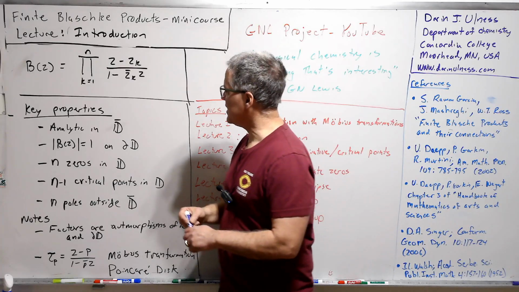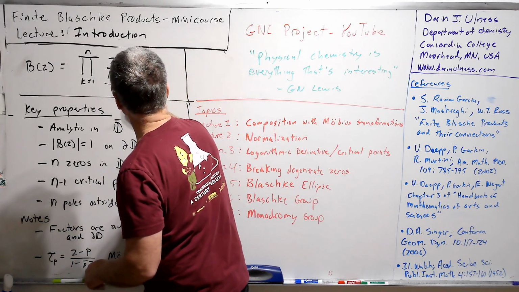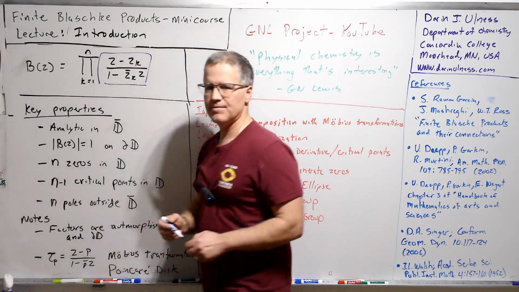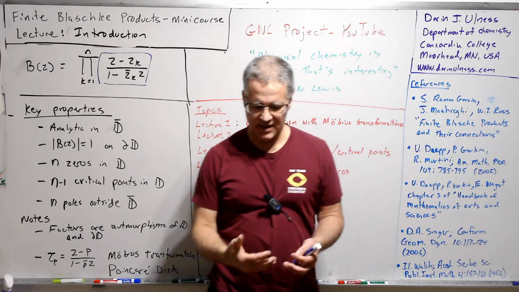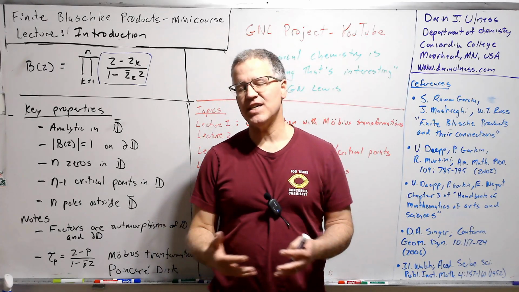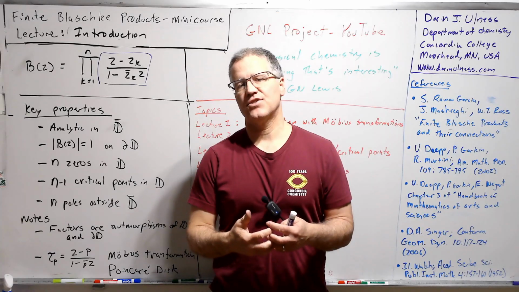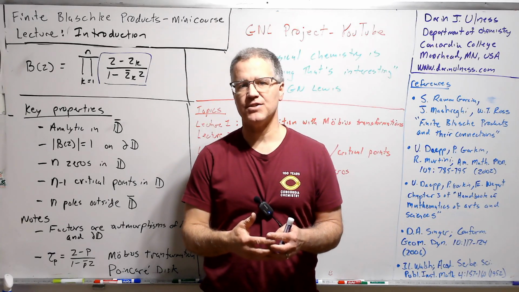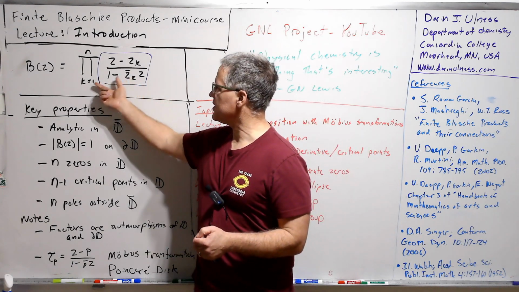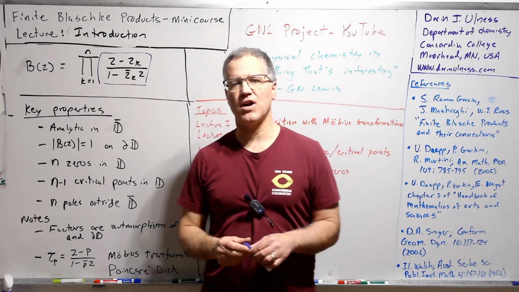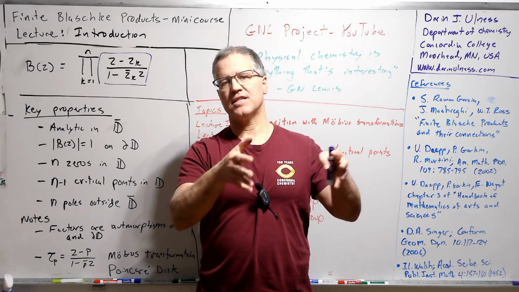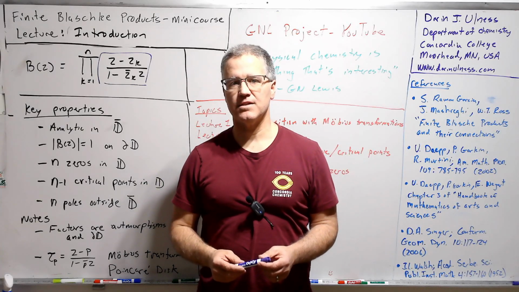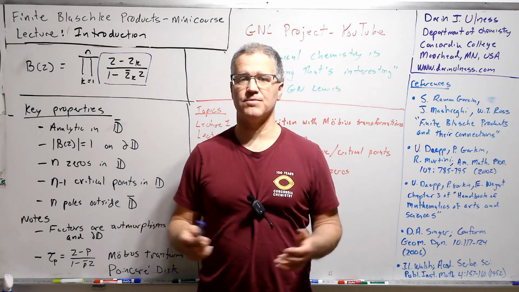What caught my attention was that I'm very interested in hyperbolic geometry and the Poincare disk, and so I recognize these disk automorphisms. Basically, the finite Blaschke product is a product of disk automorphisms.